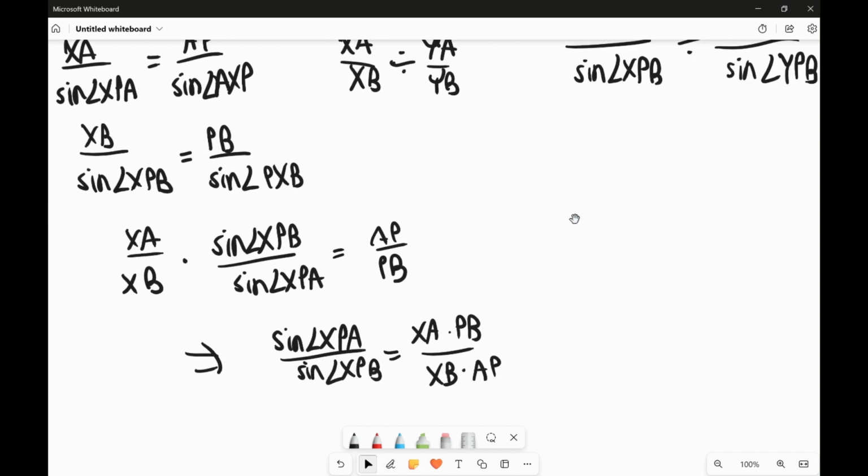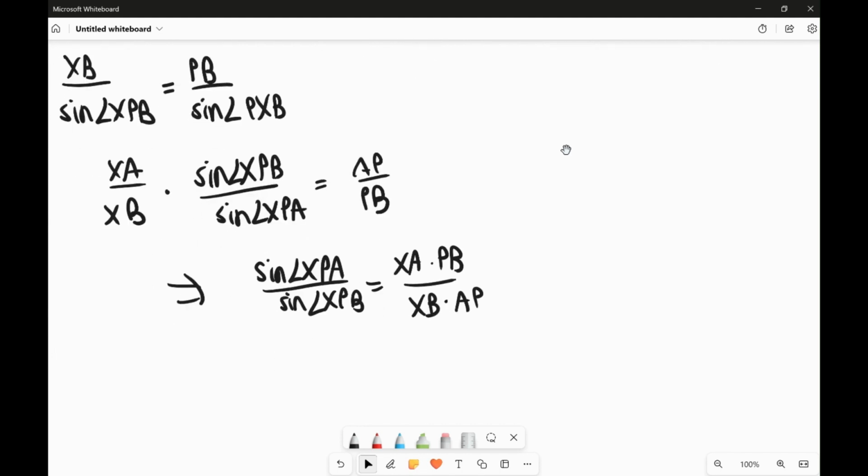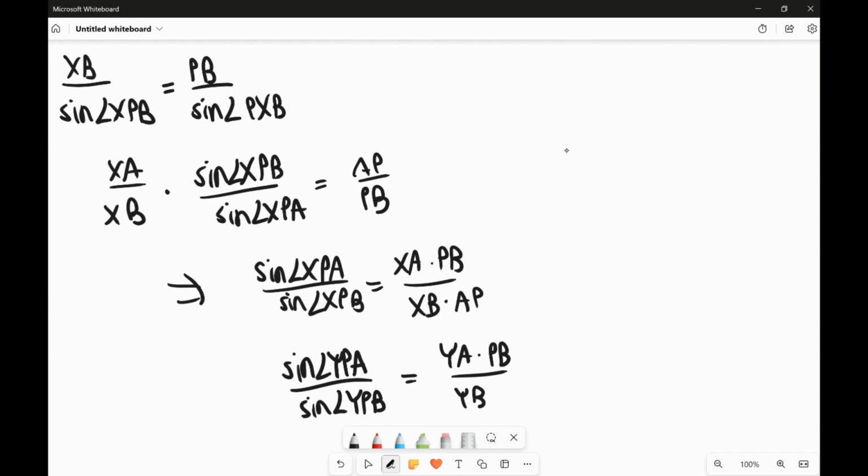Similarly, we have that the sine of angle YPA over the sine of angle YPB is equal to YA times PB over YB times PA. Now we can take the ratio of these.